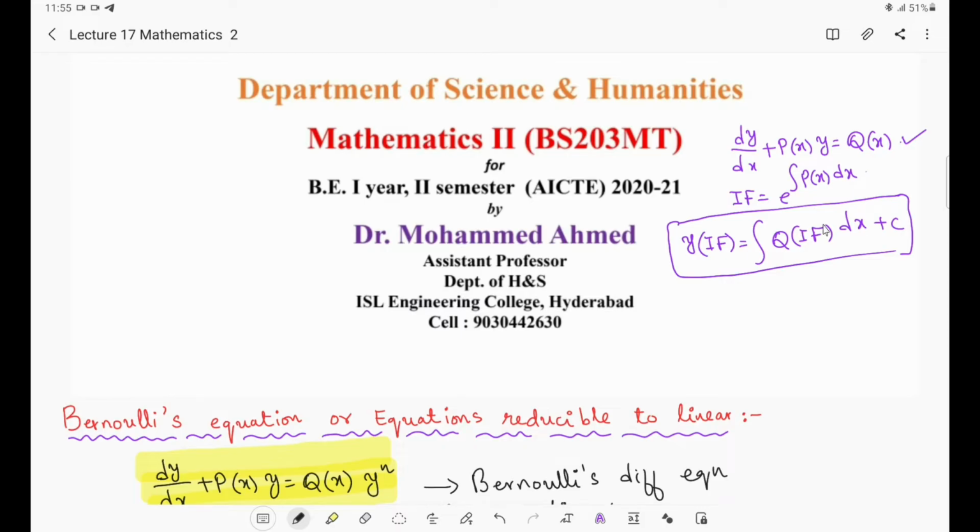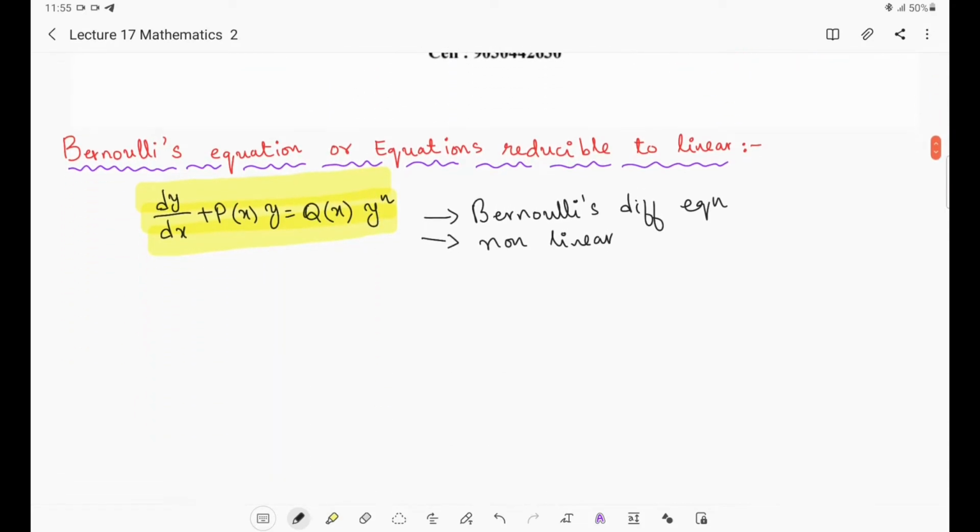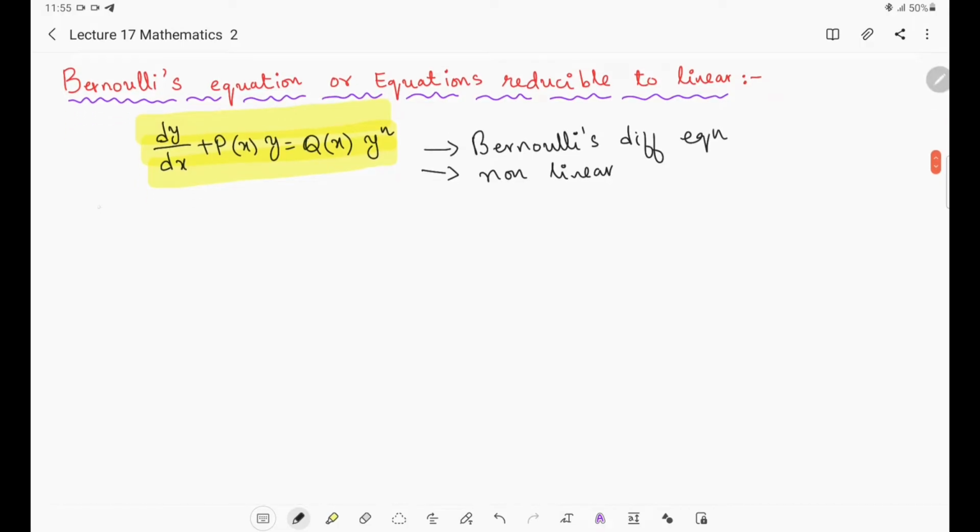So we try to convert this differential equation to this form, right? Here you see that this y power n is an extra term. So we try to remove this. For removing this, we have to divide equation 1, consider this as equation 1, by y power n on both sides.